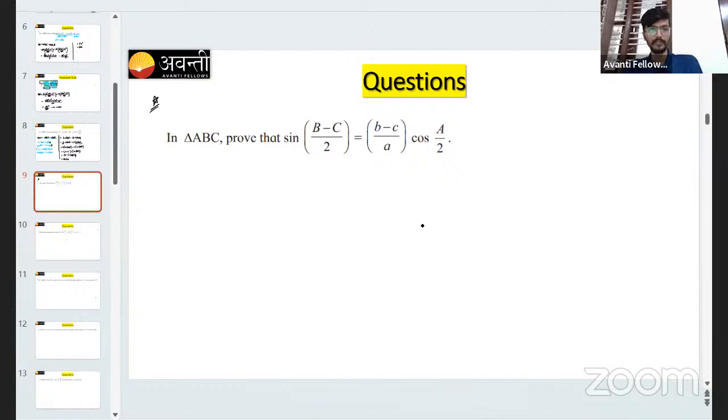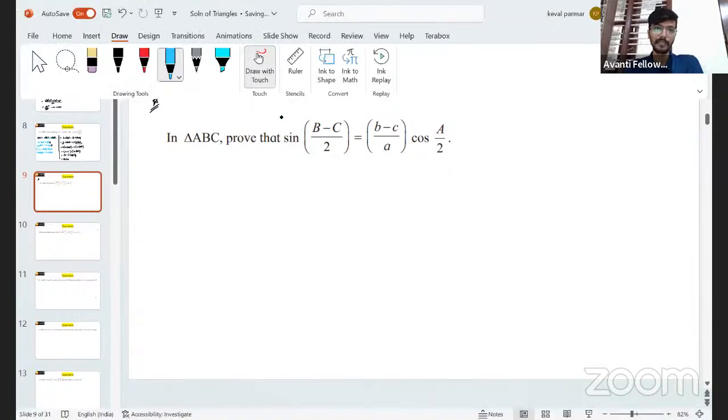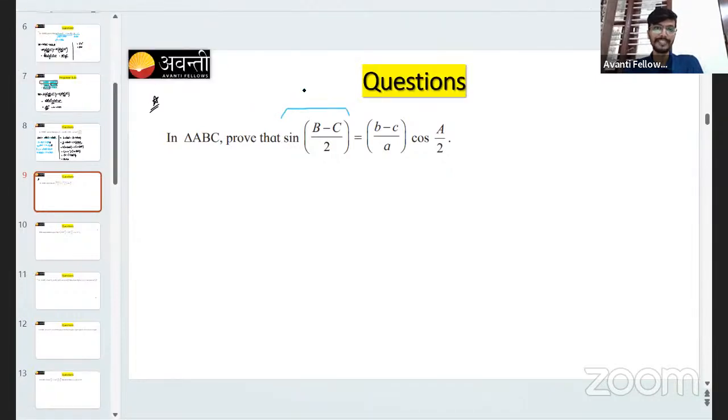So, what can we do here? We'll either start with LHS or start with RHS. But let's analyze something. In LHS, we have angles. In RHS, we have sides and angles. I don't want sides. I only want angles.